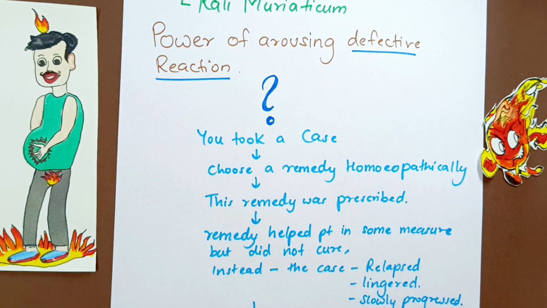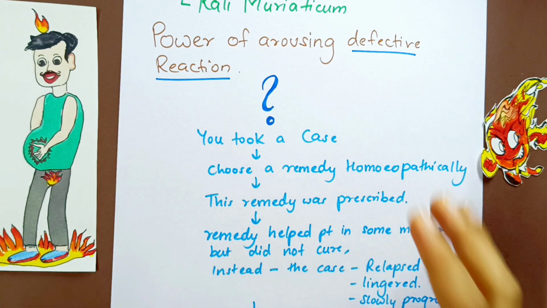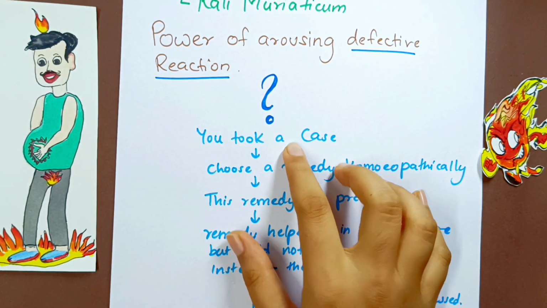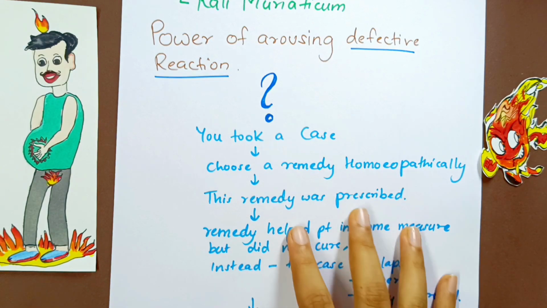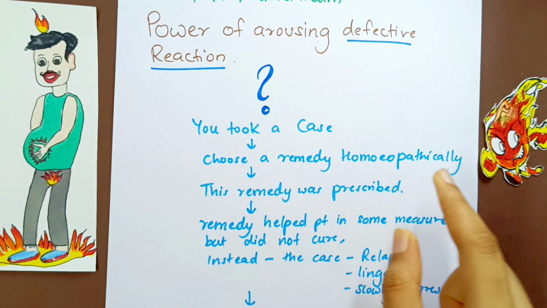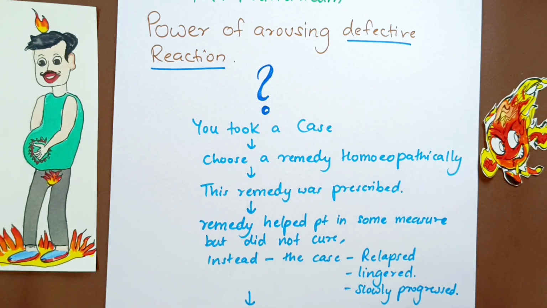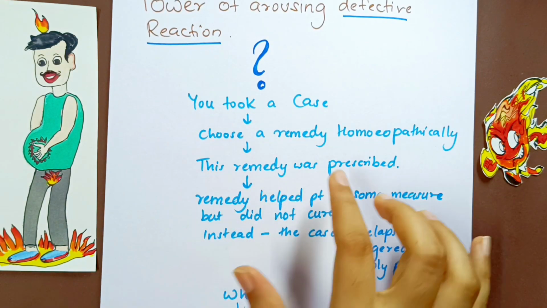First we need to understand what is defective reaction, which is getting aroused by sulfur. So first of all, what is it? Now you take a case. You have taken a case, and you also chose a remedy homeopathically, meaning that you took a totality of symptoms, and you watched out for the simillimum. You found the seemingly indicated remedy, and you chose it, and the remedy is prescribed.